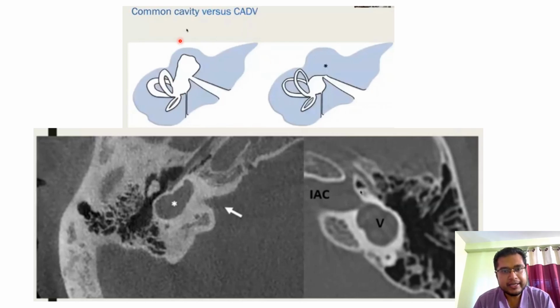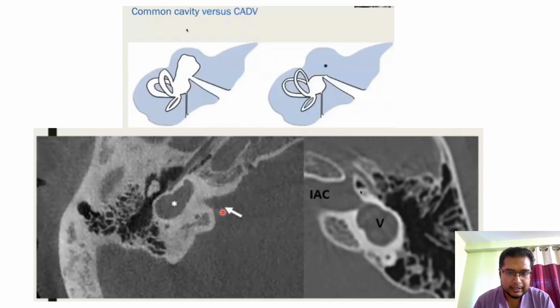In a common cavity, as I already explained, the internal acoustic meatus opens in the mid part of the common cavity. While in a case of cochlear aplasia, there is nothing in front of or anterior to the internal acoustic meatus. The cystic dilated structure is only present posterior to the internal acoustic meatus.